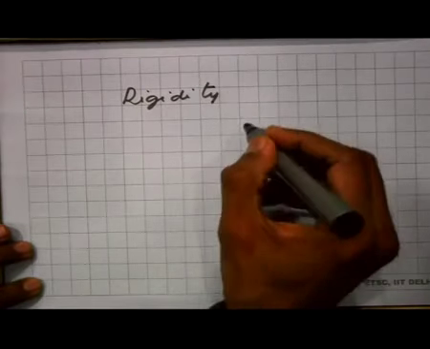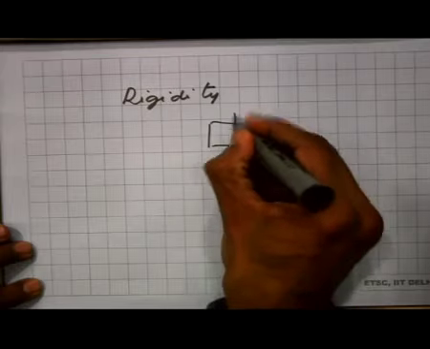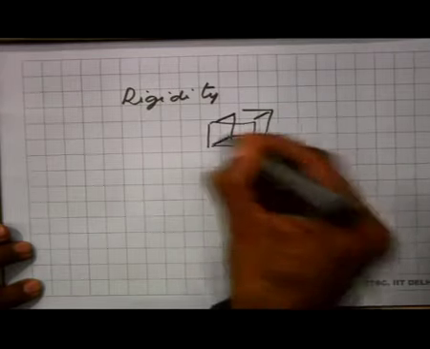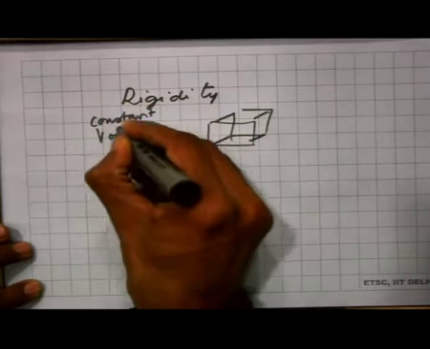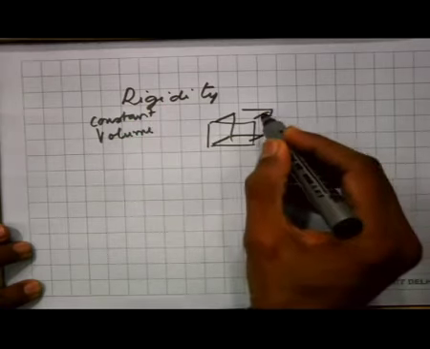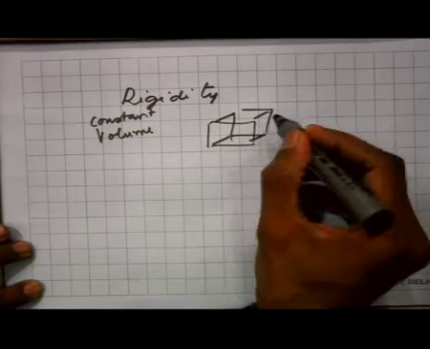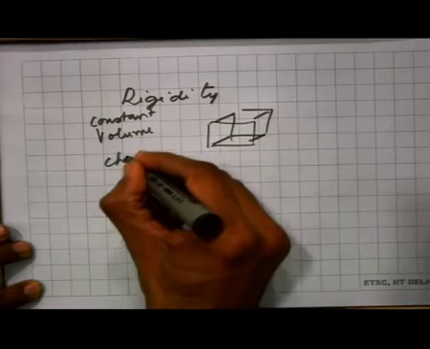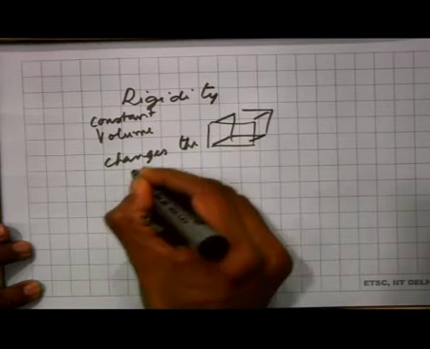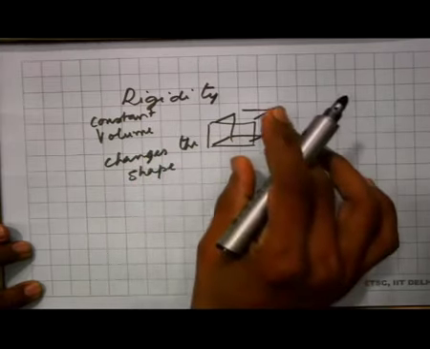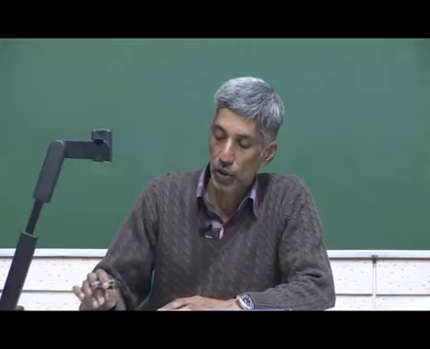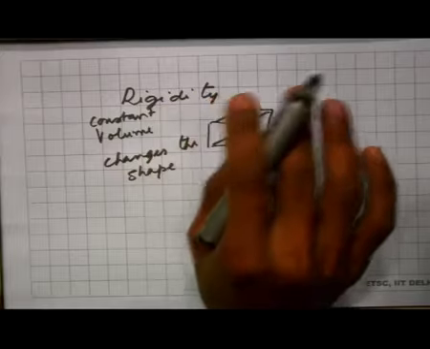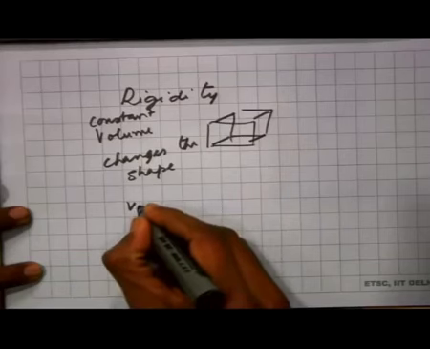Rigidity is similar to compressibility, except that here, at constant volume, if you apply some kind of pressure which changes the shape of the body, then this is called rigidity. So, how easy or difficult it is for us to change the shape of the body keeping the volume constant is what constitutes rigidity.